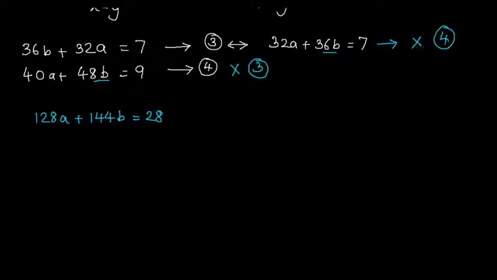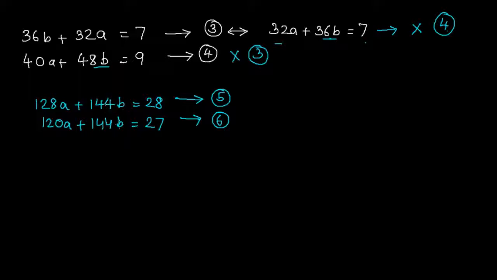I have multiplied 4 to each of the terms. My equation 4 then becomes 120a plus 144b is equal to 27. I put this as my equation number 5 and this as my equation number 6.